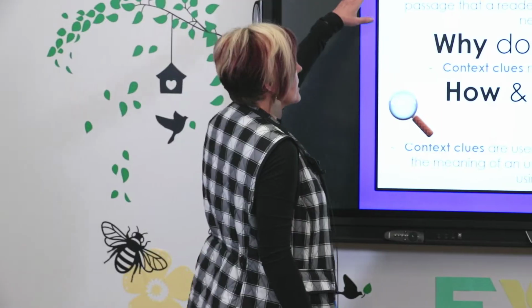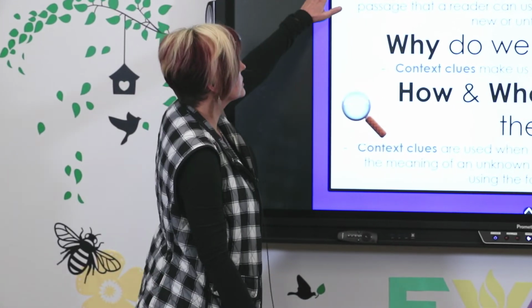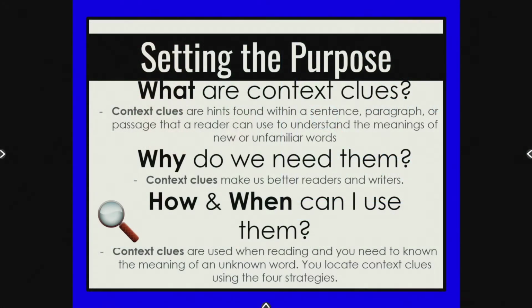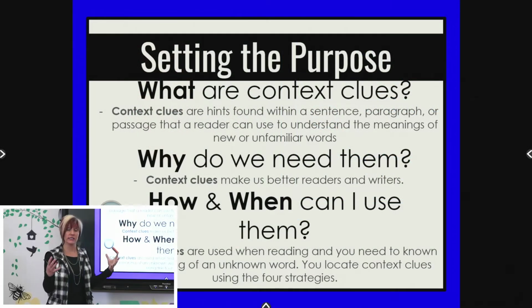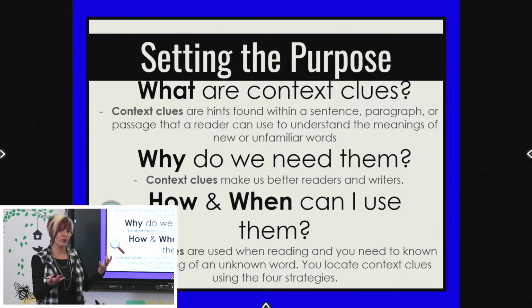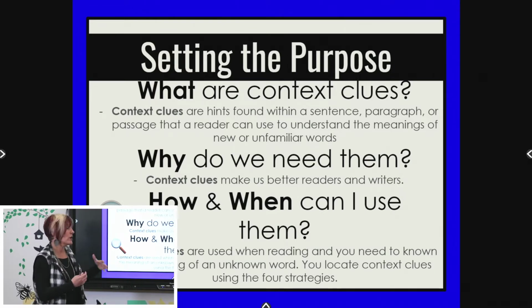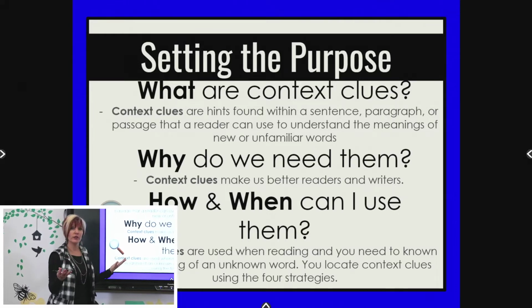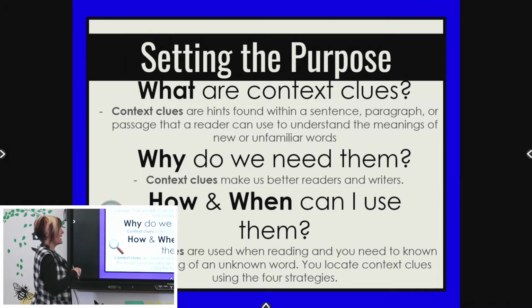So let's talk about our purpose of what we're really doing. Context clues are those hints that are found within a sentence, a paragraph, whatever you're reading, whether you're reading a book or a comic, and you use the clues they give you in the text to understand the meaning of any unfamiliar words.